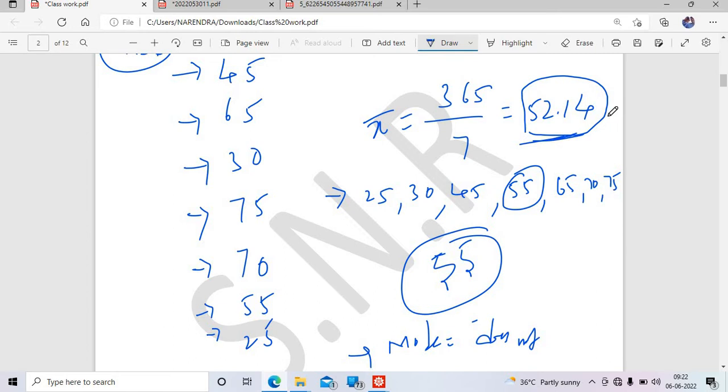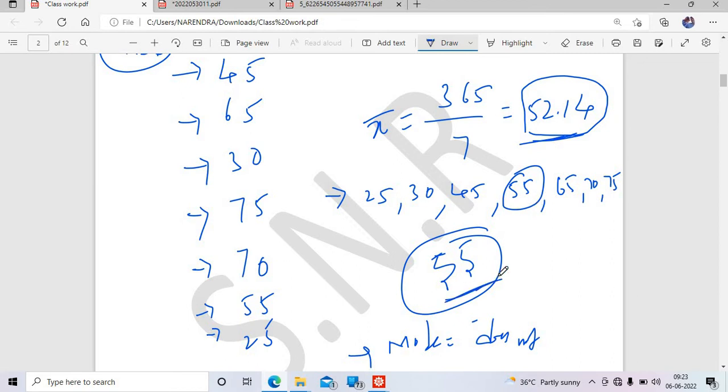What is the inference regarding that median? Find out what 55 indicates and tell me in the next class.